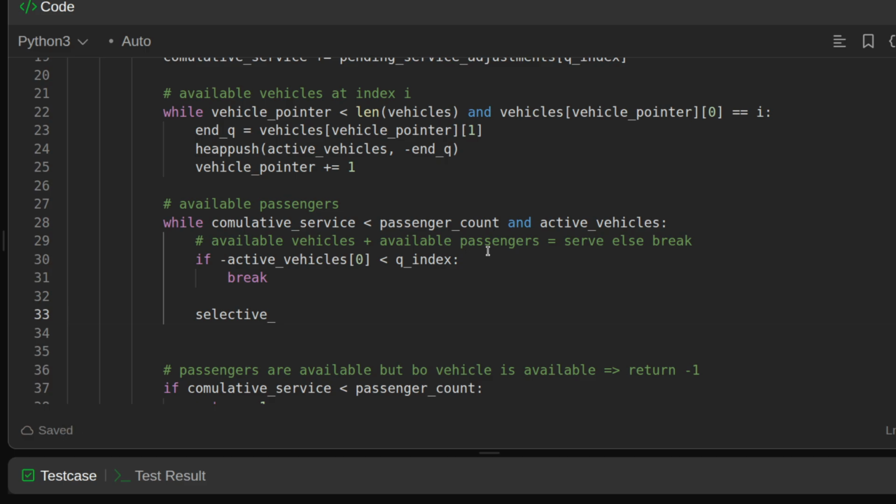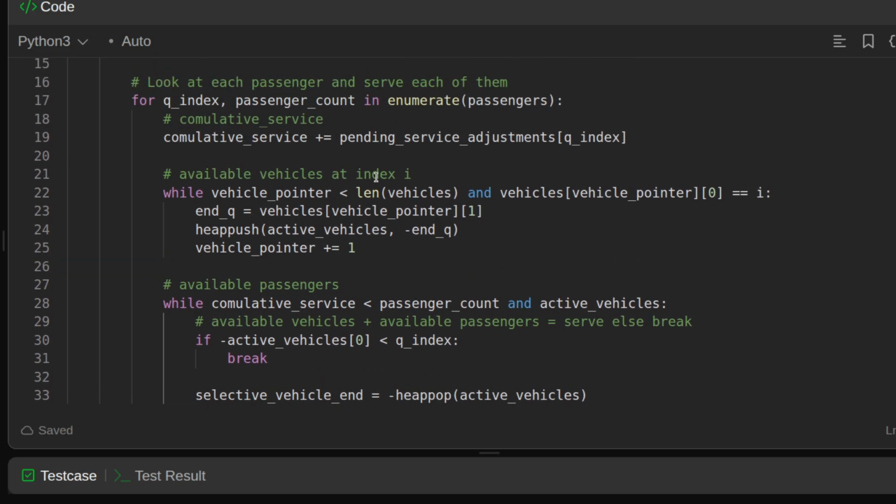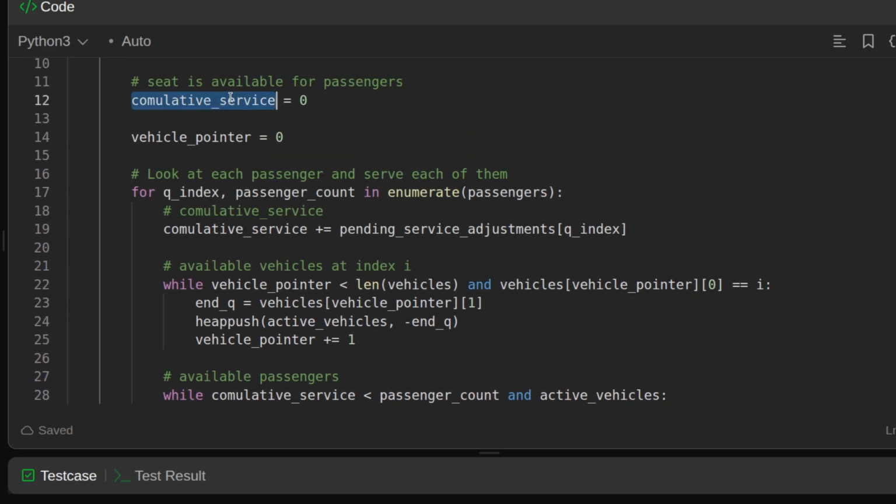we have to check the selective vehicle end, right? And this will be minus heap pop active vehicles, and once we take out this active vehicle, I will just say that cumulative services is, we have just provided the service just now.